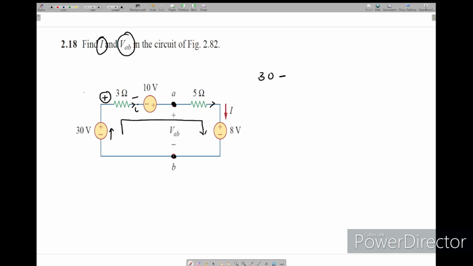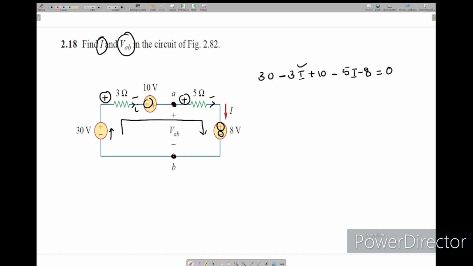So my positive to negative, 3I. Again negative to positive, plus 10 volts, minus, again it is positive to negative, 5I. Again positive to negative, minus 8 equal to 0.